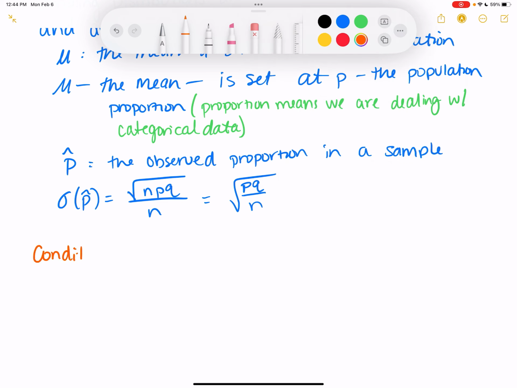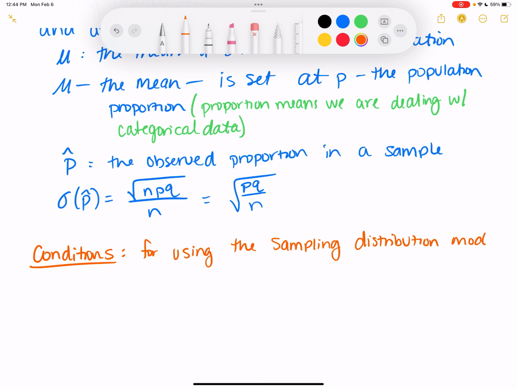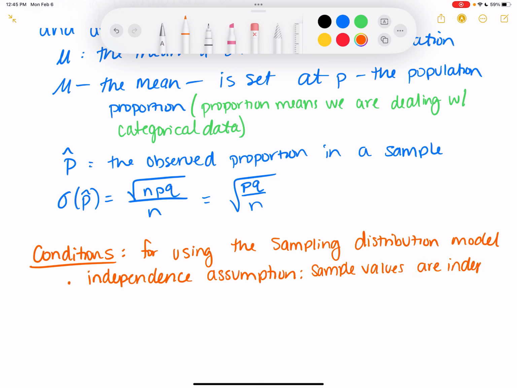So just like in the last unit, we also have some conditions here. For using the sampling distribution model, we have an independence assumption, which says that the sample values are independent.